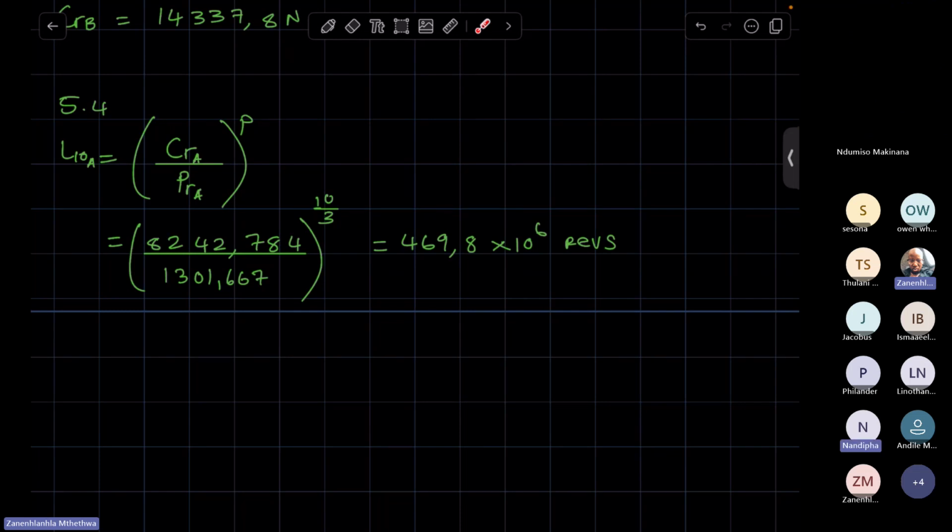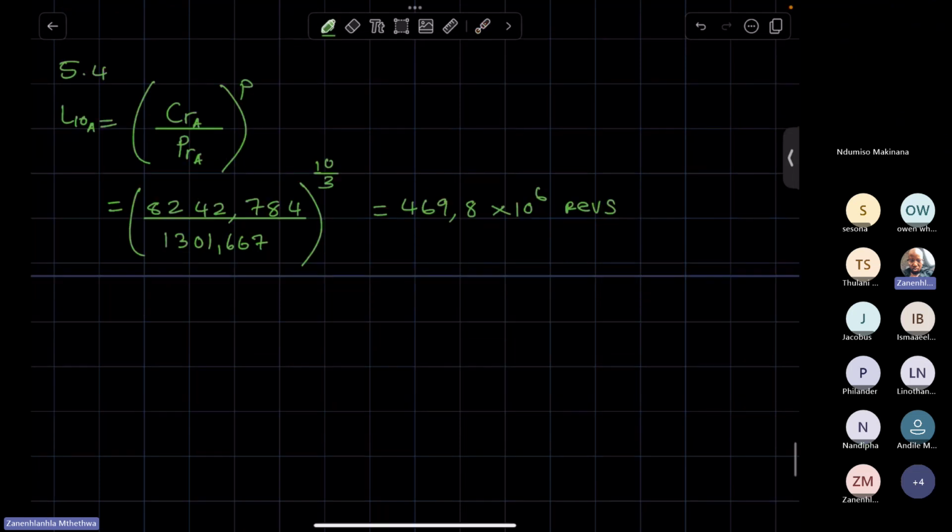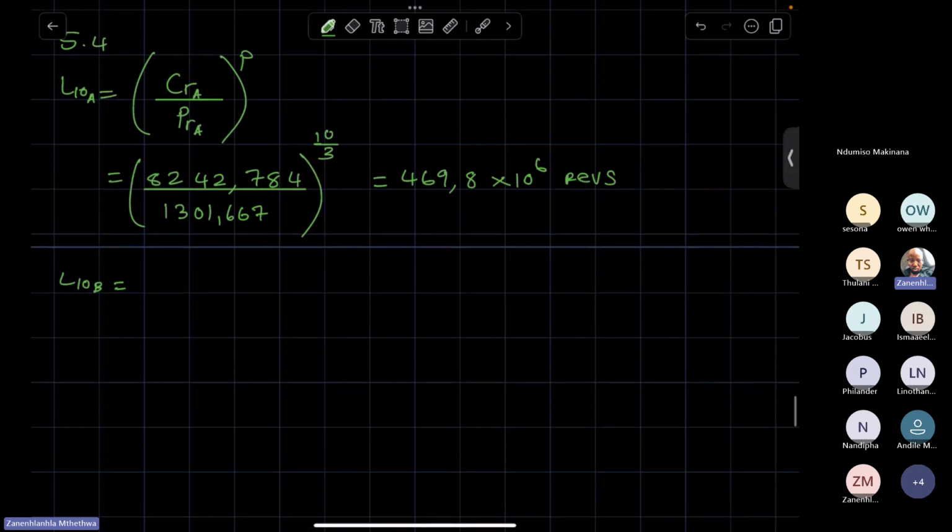Yes, sir. Right, and then doing the same thing for B. Say L10B is equal to, right? So again, no need to punch in or use the formula again. You simply substitute now.